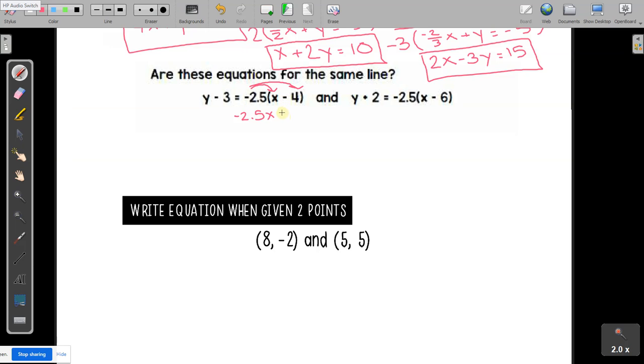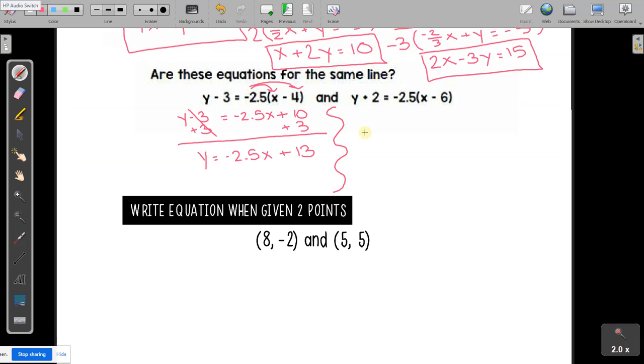Negative and a negative make a positive 10. Bring down everything else as is. Now combine your like terms. So we're going to add 3 to both sides. Cancels out. So we get y equaling negative 2.5x plus 10 plus 3 is 13.